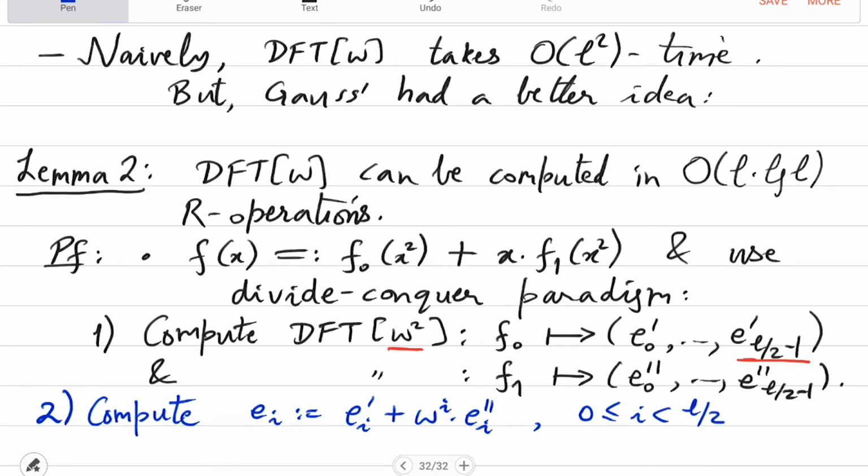So up to i less than L by 2, this is okay. And for the other i's, the ones that come after L by 2 and beyond, these will give you a minus sign.